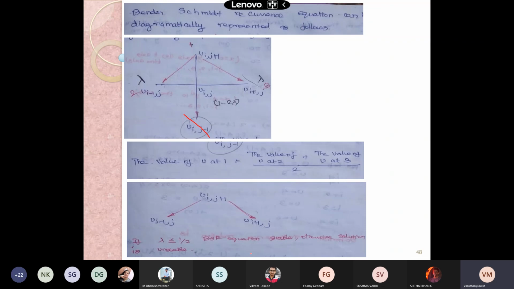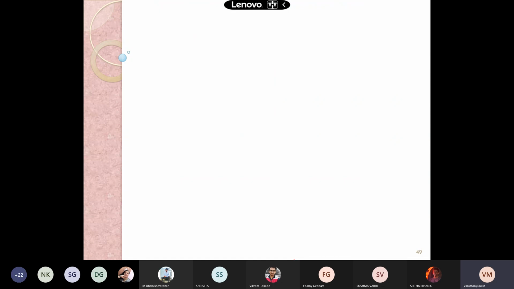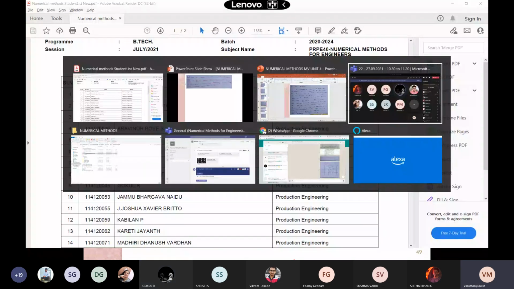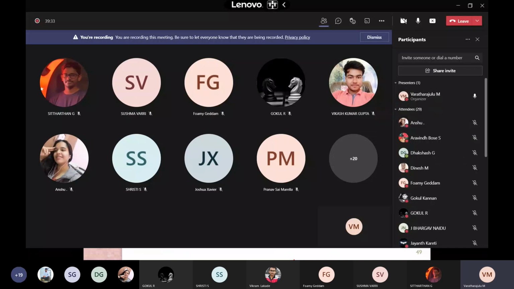If the lambda value is less than or equal to 1 by 2, the Bender-Schmidt equation is stable. Otherwise, the solution is unstable. That is the condition for the Bender-Schmidt relation. Yes, this is example 9. Do you have any doubts with this Bender-Schmidt relation? Any clarifications? Any clarifications in Bender's scheme?